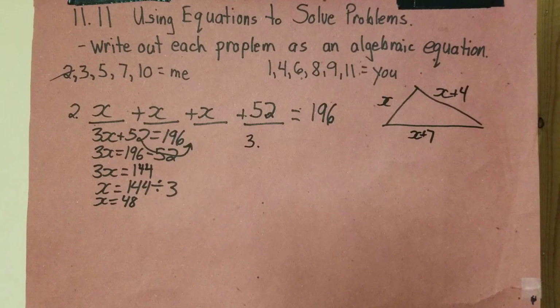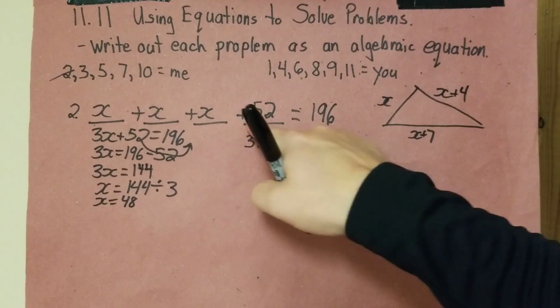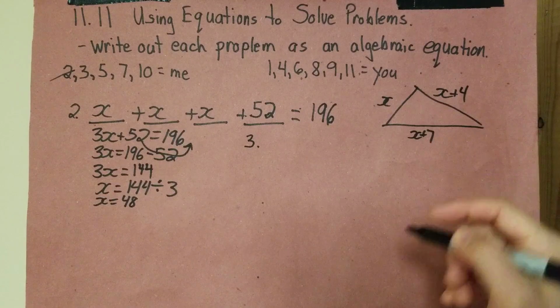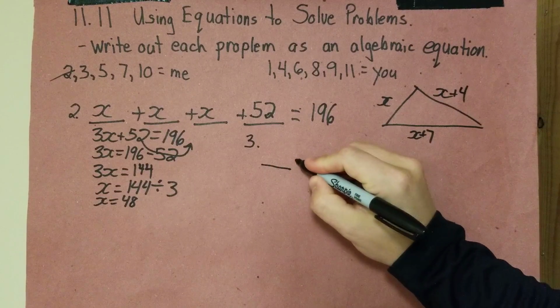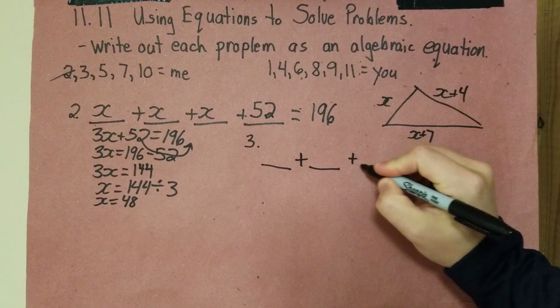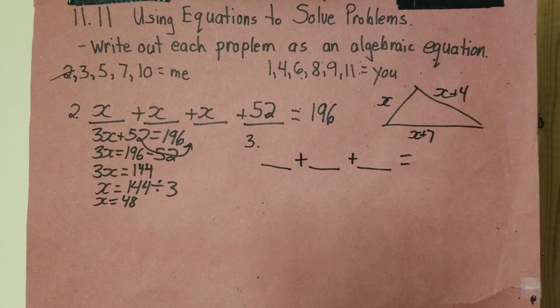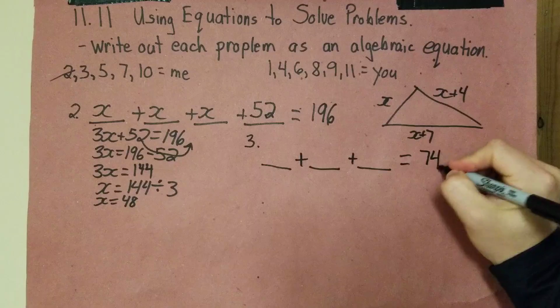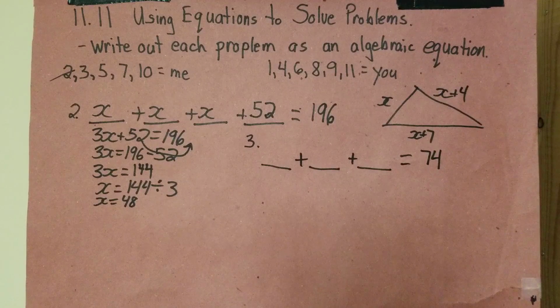And the question says the perimeter equals 74. Find the length of each side. So very similar to what we did here is I have 3 sides. So I have side 1 plus side 2 plus side 3 equals, and the perimeter is 74. Because that's how we find perimeter, right? We add all sides. So very similar to number 2.